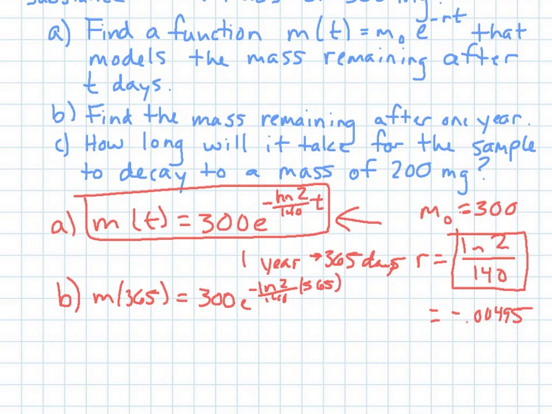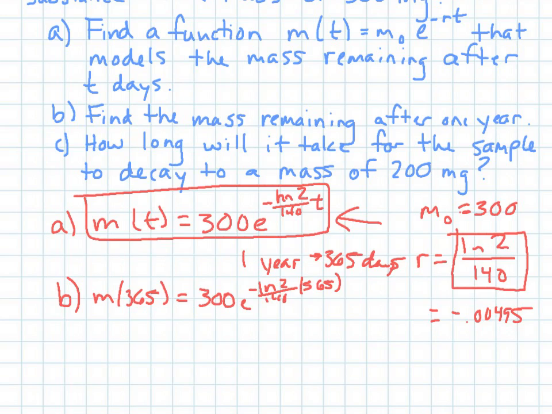So let's find negative ln 2. Notice that the negative is on the outside, not the inside with the 2. Divided by 140, and then take that times 365. So that gets me roughly negative 1.807.